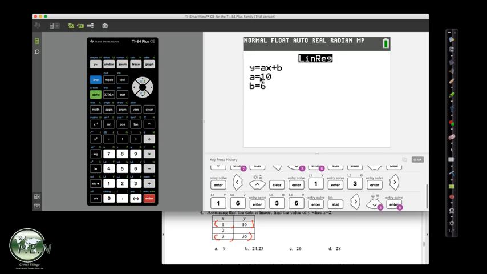Okay, so that's saying that 10 is the slope, the y-intercept is 6. So it's saying we've got an equation that we can use, y equals 10x plus 6. Now what we can do now is take the 2, plug it in for x. Let's do it old school, and I'll show you both ways.